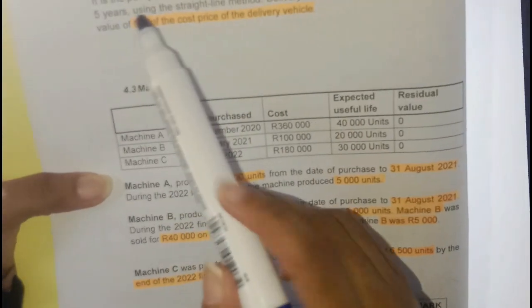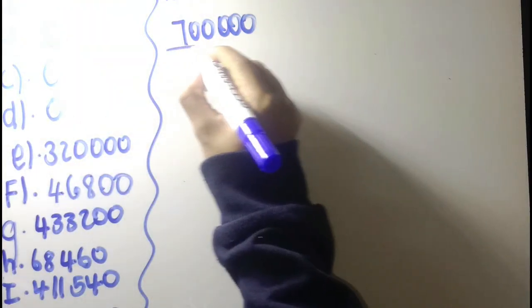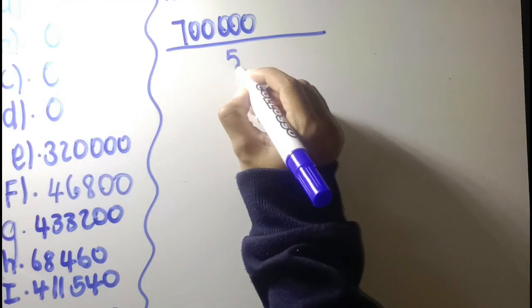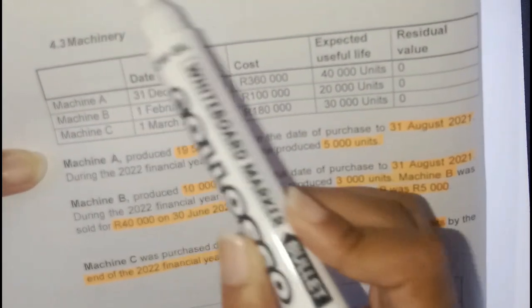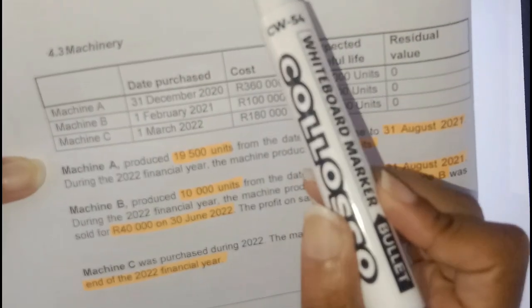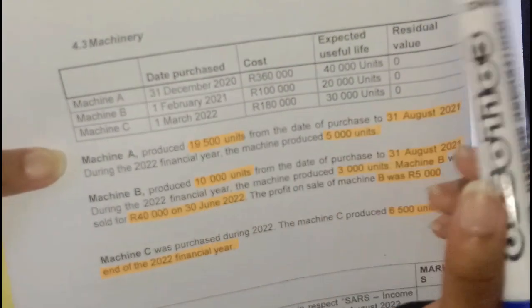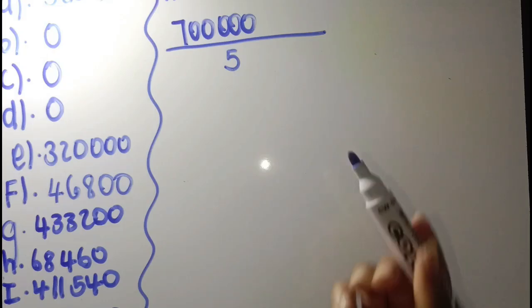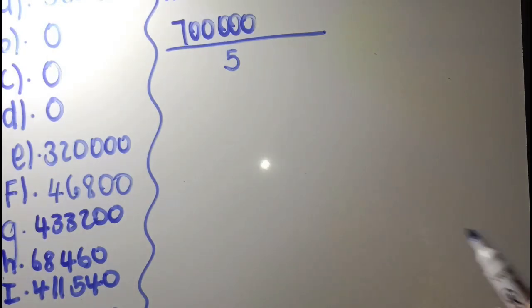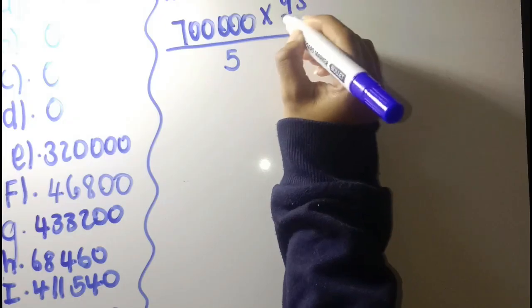It is the policy of the business that the useful life is 5 years, meaning everything will be over 5. Using the straight line method, the delivery vehicle has been estimated to have a residual value of 5%. So you're gonna say 700,000 minus the 5%, or you could just say multiply by 95 over 100.